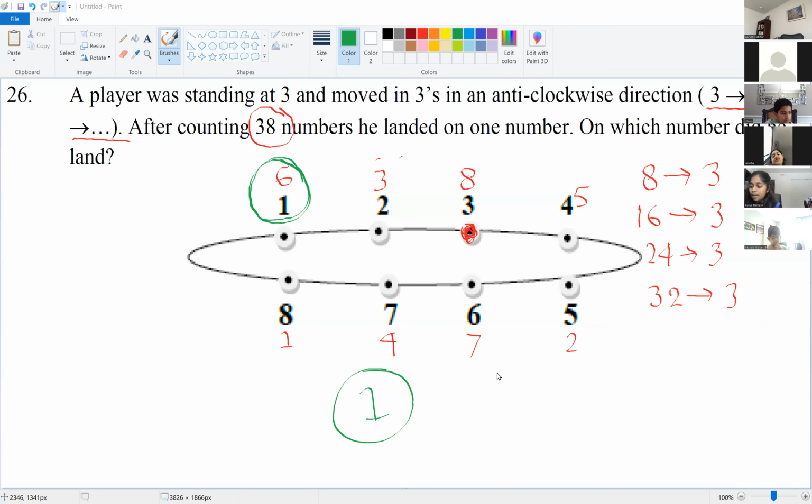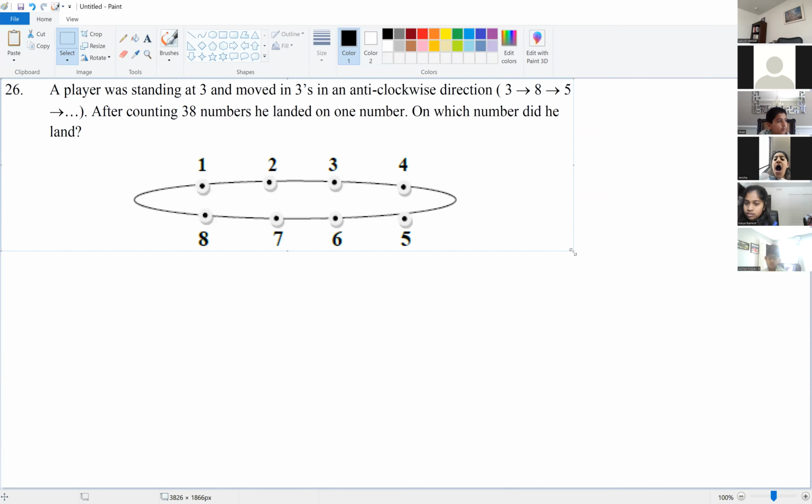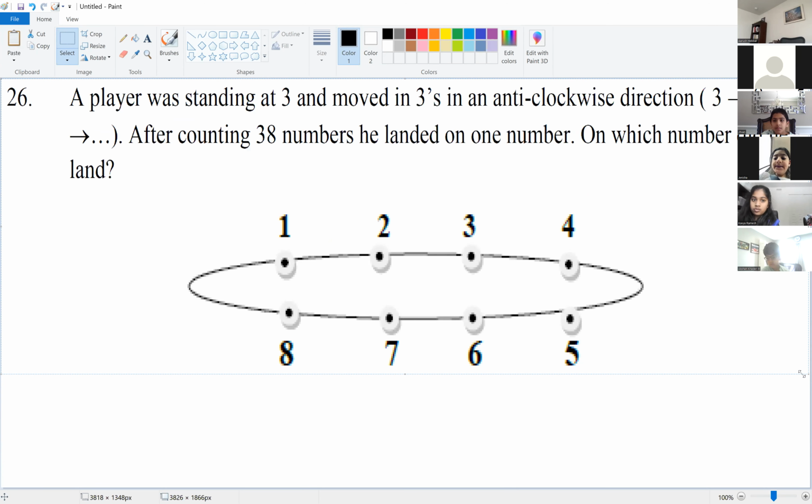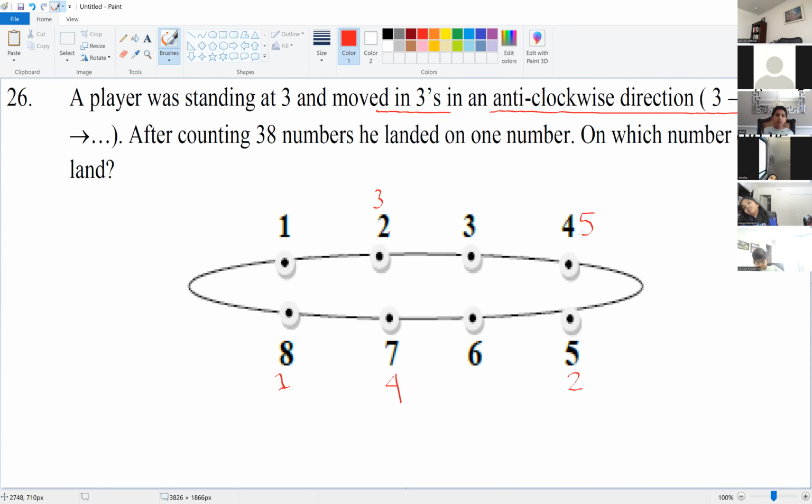Oh. So what it's doing is, from 3 moved in 3s in anti-clockwise direction. So 3, 1, 2. So this would be the first number. This would be 1, 2, 3 is the second number. Then this is third number. And then this is fourth number. This is fifth number. This is sixth number. And then this is seventh number. And this is eighth number.